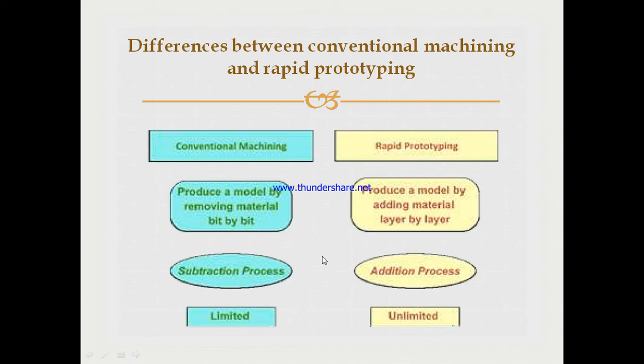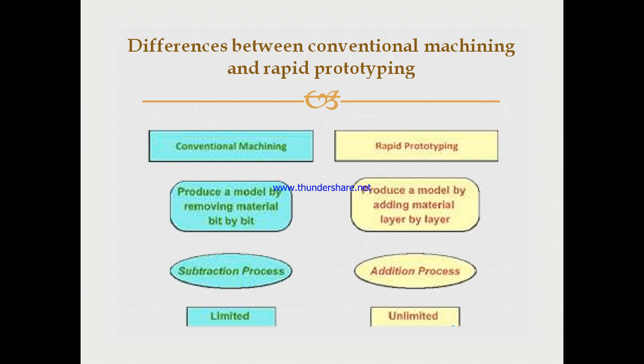Conventional machining has limited advantages, but rapid prototyping has unlimited advantages and unlimited applications. In case of conventional machining, for each and every defined operation we require different tools which can support that particular process.